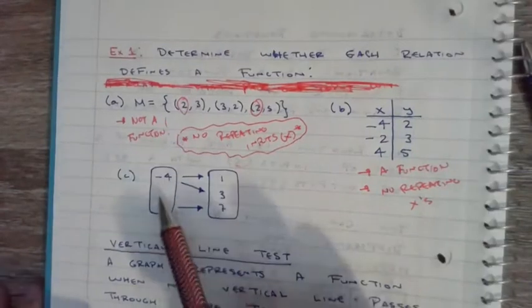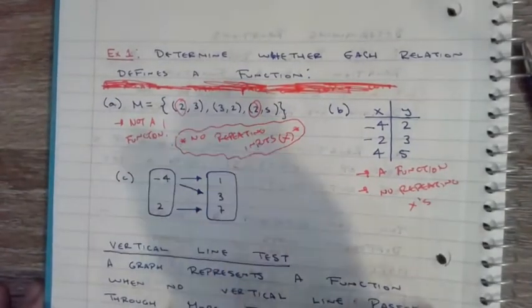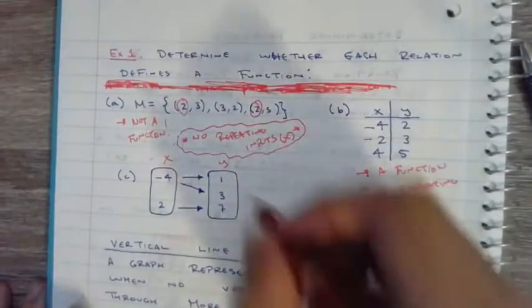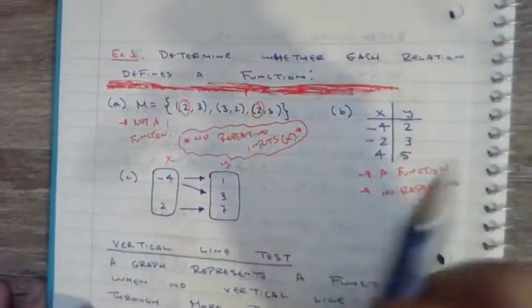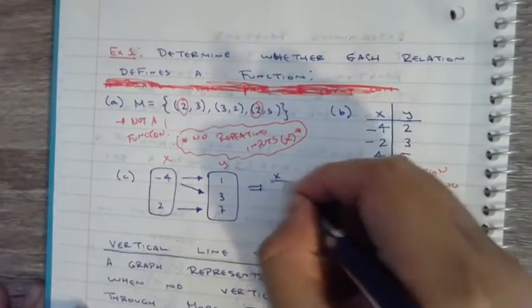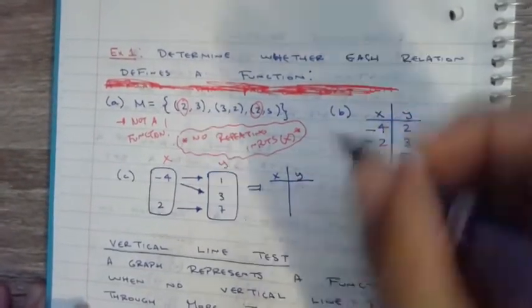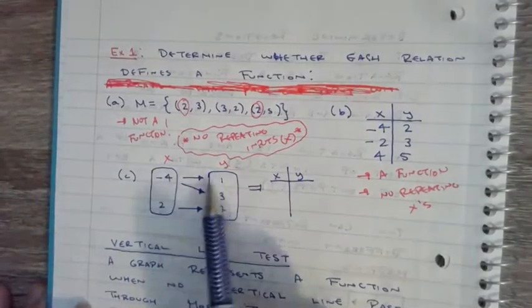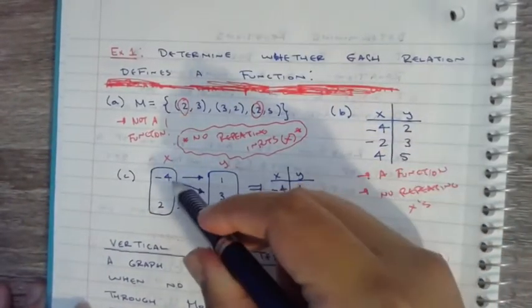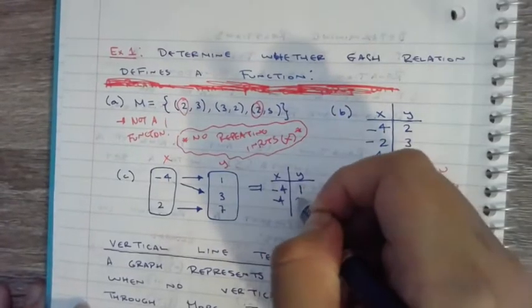Okay. Now let's look at C. This is a mapping right here. Remember, these are your inputs and these are your outputs. So this is your x and this is your y. Let's go ahead and make a little table for ourselves, with your x's and your y's. First, your -4 is pointing to a 1, so -4, 1. Your second one, -4 and 3.